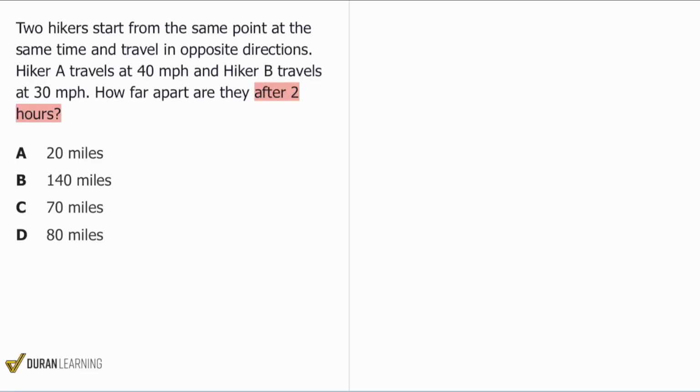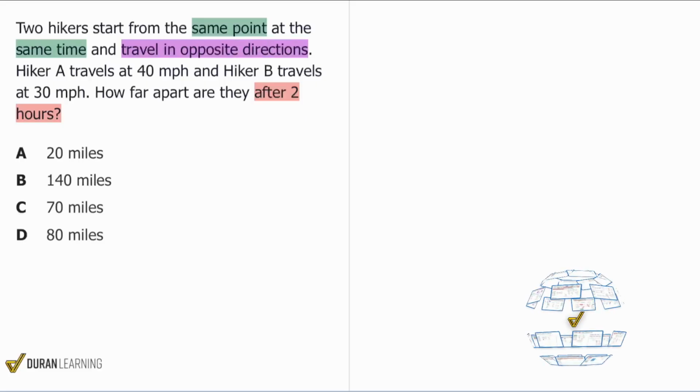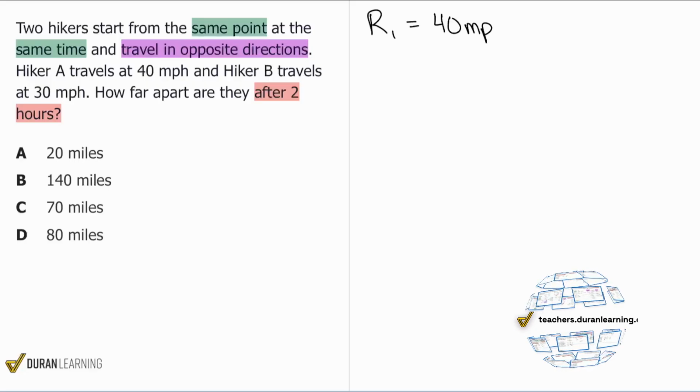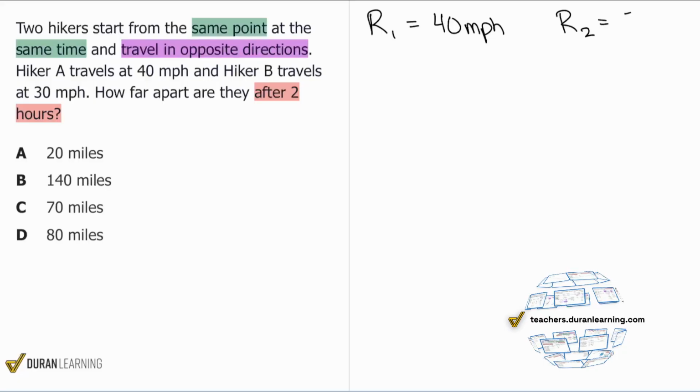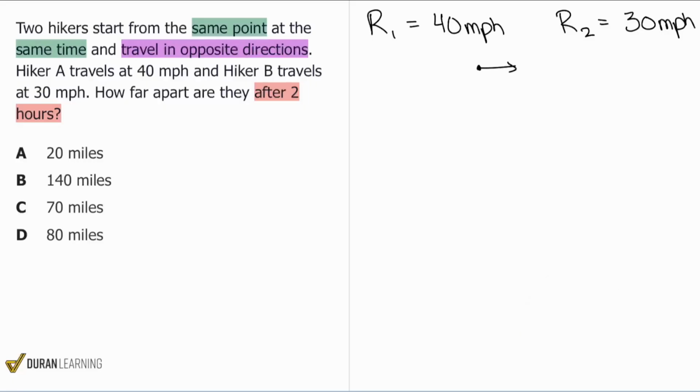So what I see here is we have these two hikers, and the biggest piece of information that we're going to be highlighting is that they are traveling at the same time and from the same point, but most importantly, they are traveling in opposite directions. So the one thing we can do to really take a shortcut here is when we take a look at those rates, the first rate being 40 miles per hour and the second rate being 30 miles an hour, because they're going in opposite directions from the same point, we can add those rates together and multiply by the 2 hours.